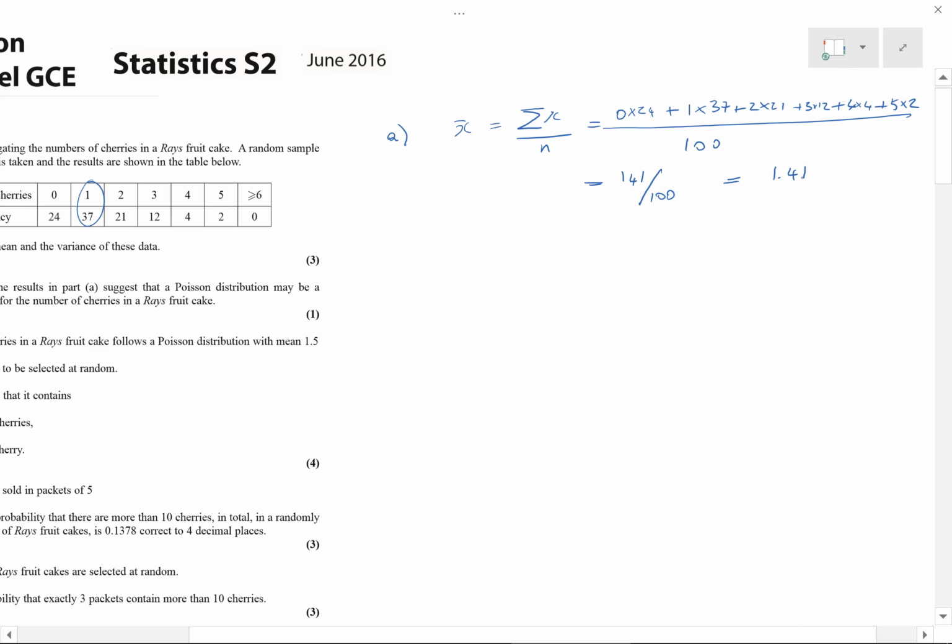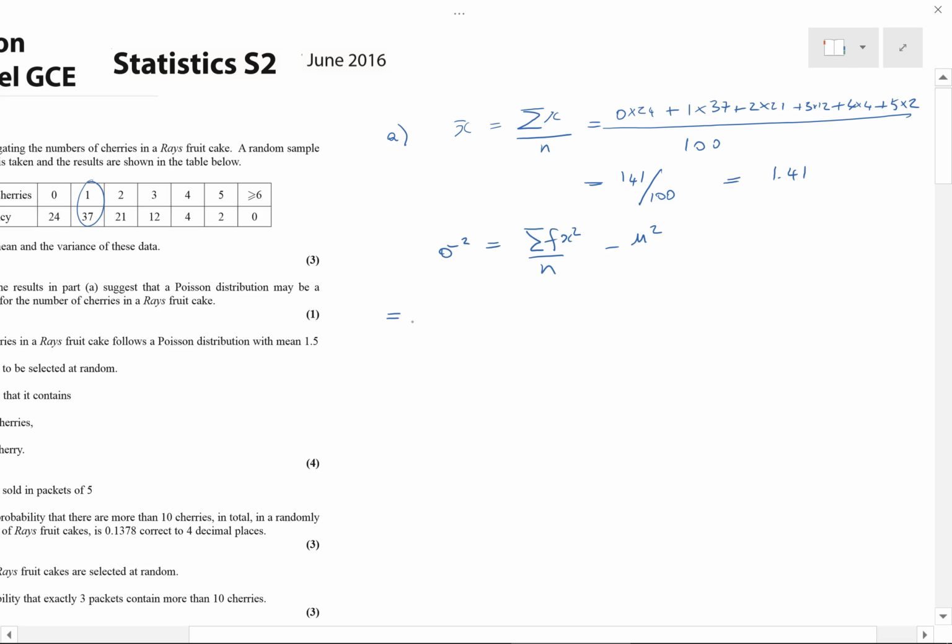Right, now the variance is equal to sigma fx squared over n minus the mean squared.